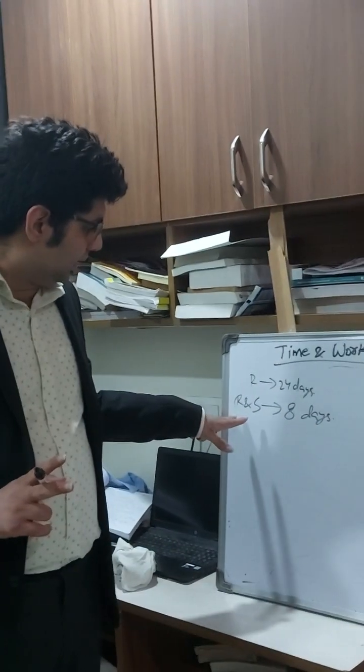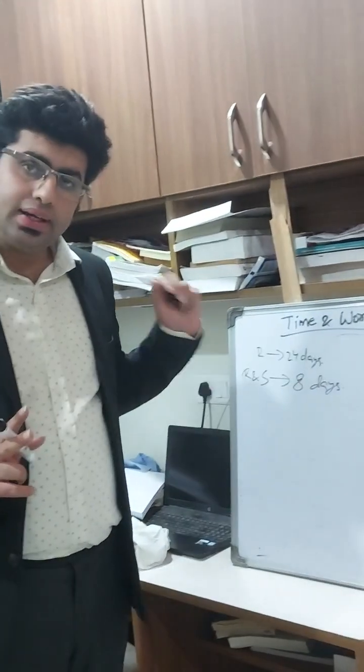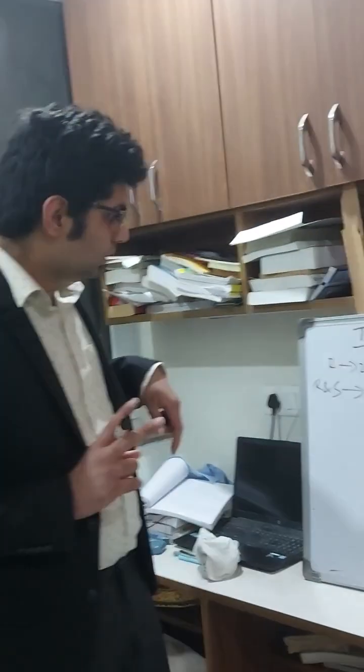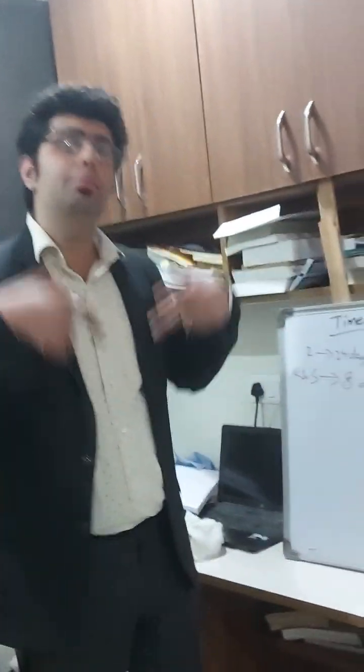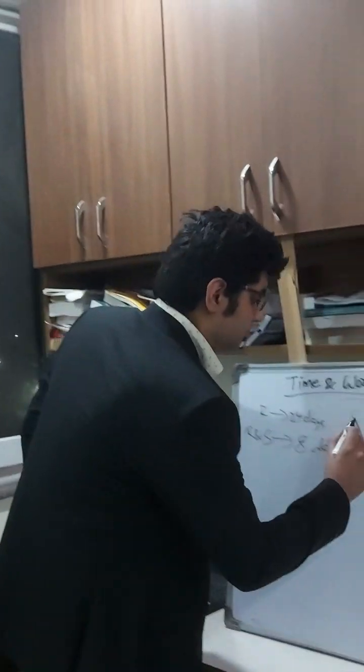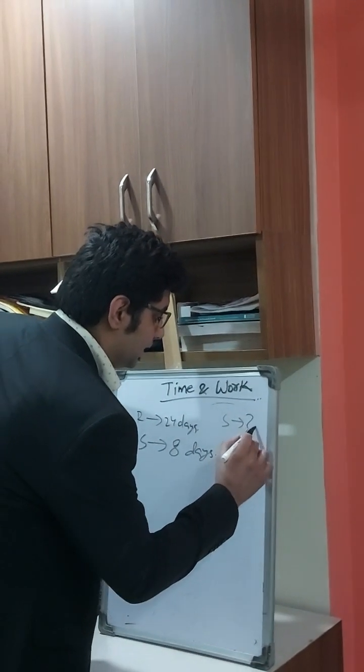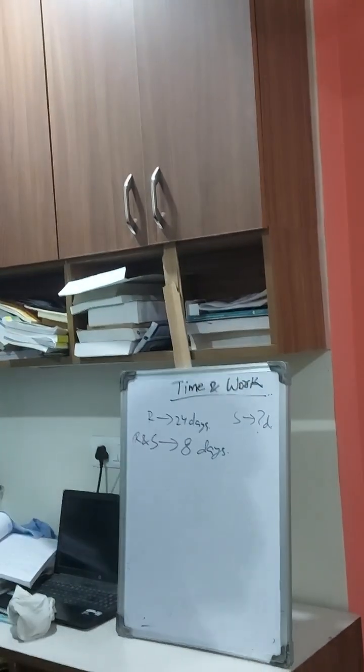If Ram and Sham are working together and they are doing the work in 8 days, now the question asks, how many days will Sham take to do the work if he works alone? So Sham will take how many days? This is the question.